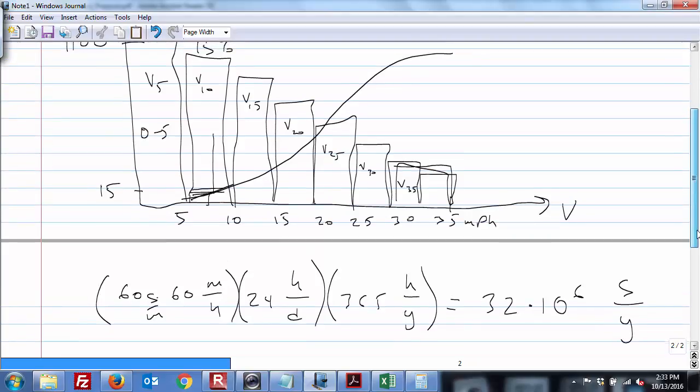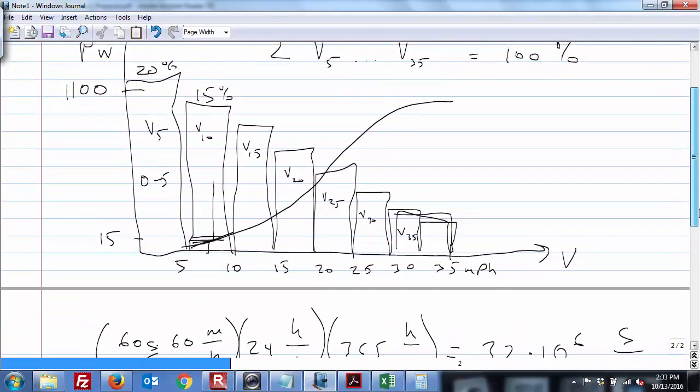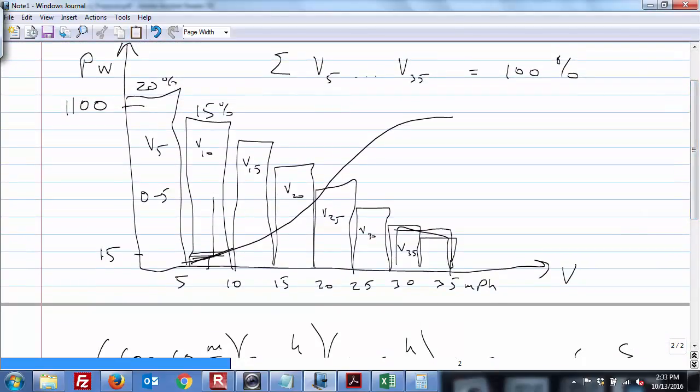Okay, now the turbine is going to give you 15 watts for 15% of those seconds.